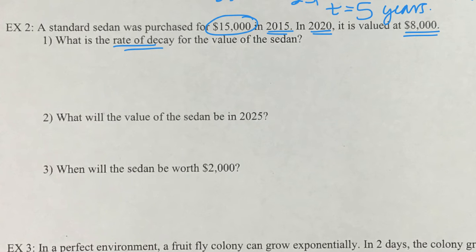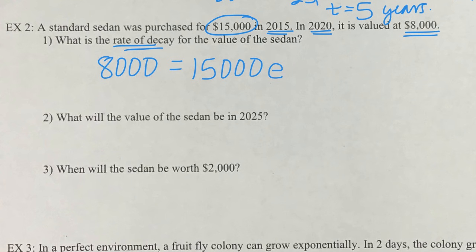It's not worth as much as it used to be, so we have a decay function. So you should expect to have a negative rate. So our equation looks like 8,000, that's our current value, equals 15,000, your initial cost, times e to the r times 5.